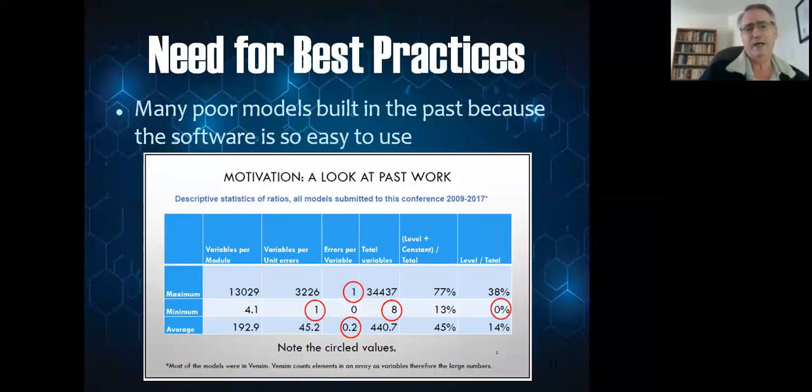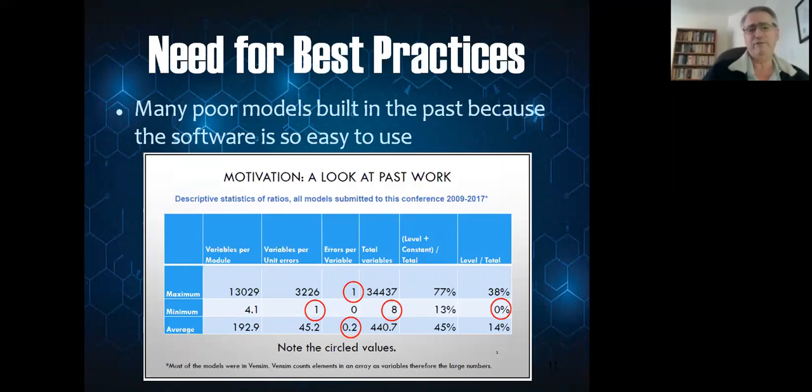I saw this analysis of all of the models that were submitted to the conference between 2009 and 2017. And you can see in this table, at the bottom row, that the average number of unit errors per model was 42 errors per model.